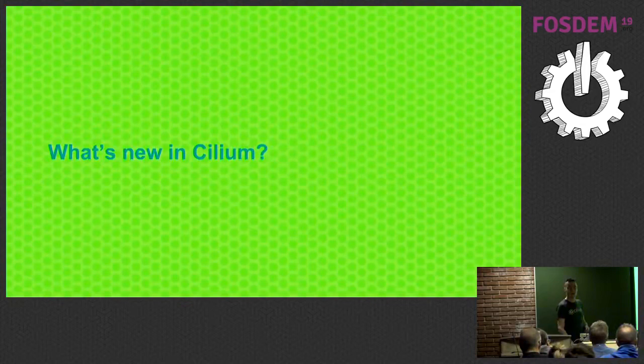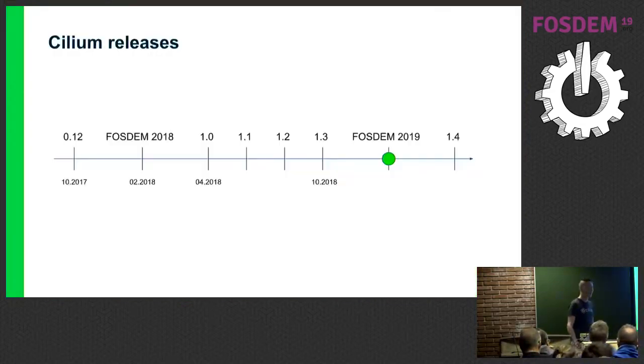And now I will get to the part about what's new in Cilium. But before that, let's note that before the previous FOSDEM, the last released version was 0.12. Cilium reached the 1.0 milestone a little bit after the previous FOSDEM, around April 2018.